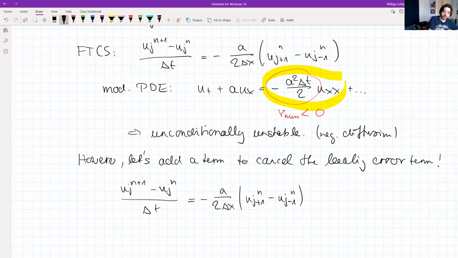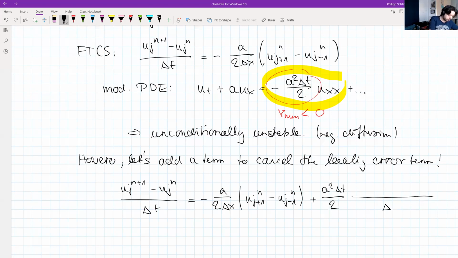Well, what can we do? We just add a term that cancels this one, and of course, nothing easier than just trying to discretize exactly this term using central differences. So what I do is I just add here with a plus because here's a minus. So a squared delta t divided by 2 as a factor, and then I do a finite difference discretization of the second derivative.